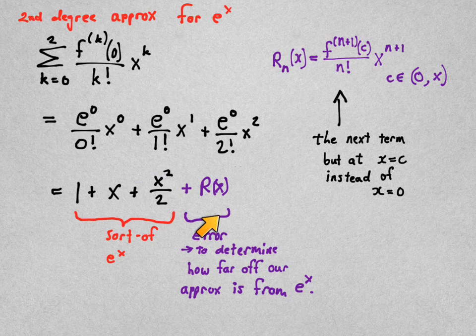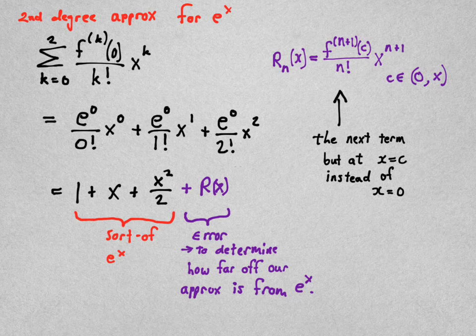In this case, to find the remainder function, we basically just do the very next iteration. Since we went all the way to n equals 2, then we're going to do f of the third derivative evaluated at c, this is an important point, over n factorial, and this is actually supposed to be n plus 1 factorial.